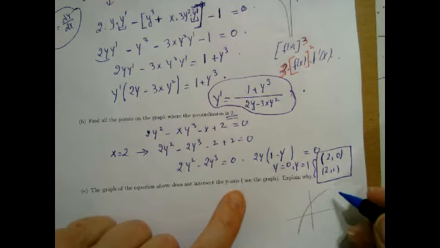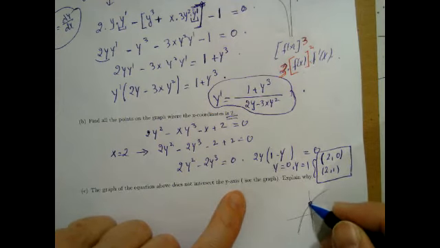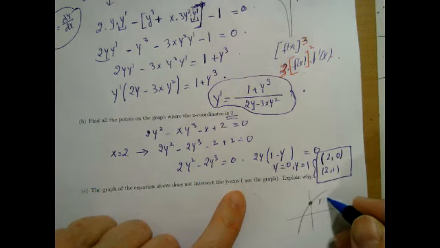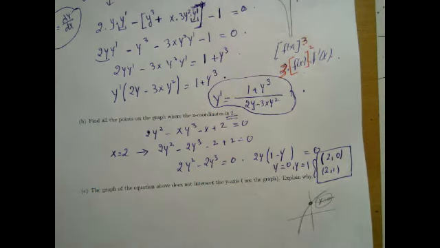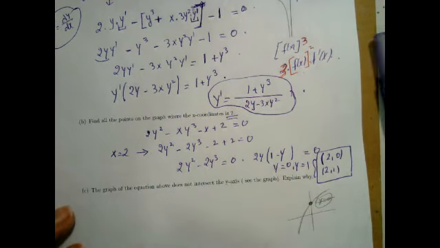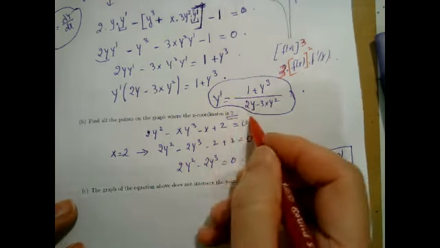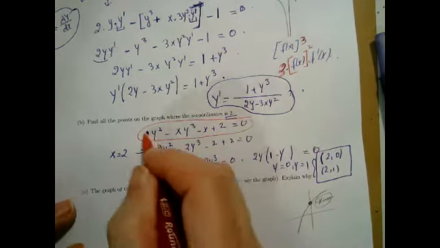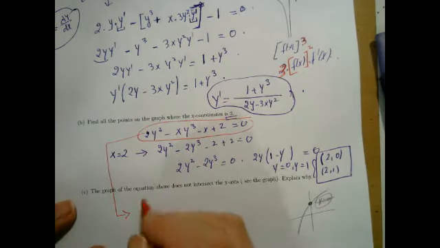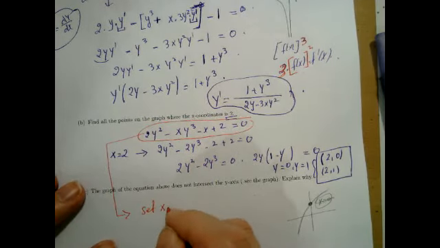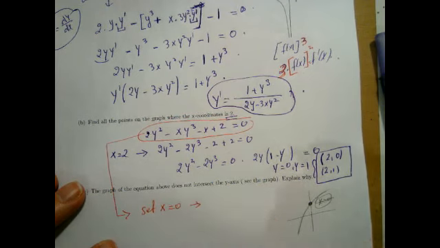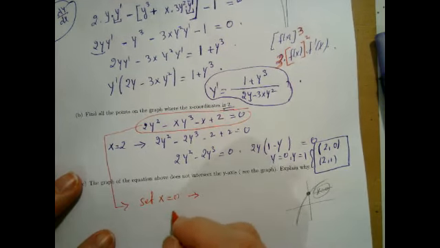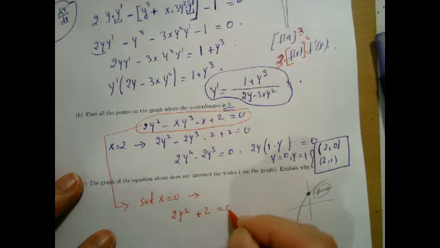At the point of intersection, the x component is equal to 0. So in this problem, if we set x equal to 0 in the equation and then try to find y, then we will have 2y squared plus 2 equal to 0.